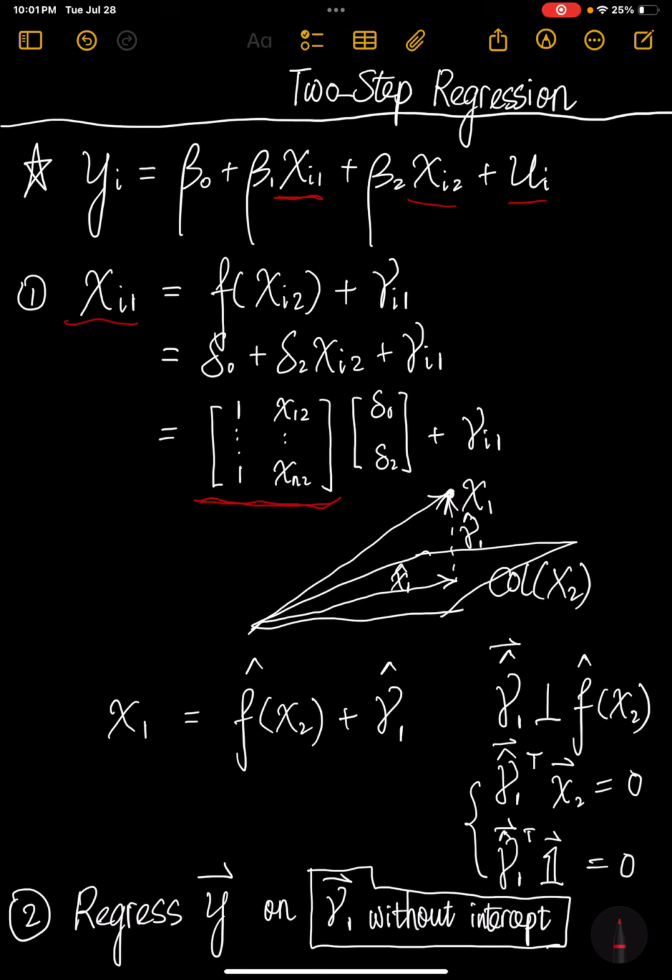So today we would like to talk about two-step regression. This is usually the case when you have more than one independent variable.